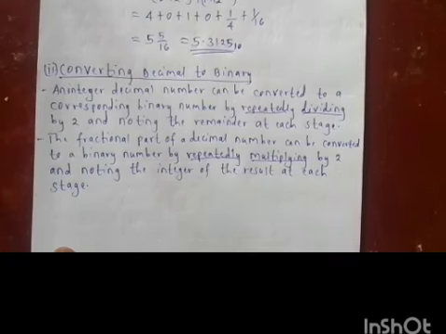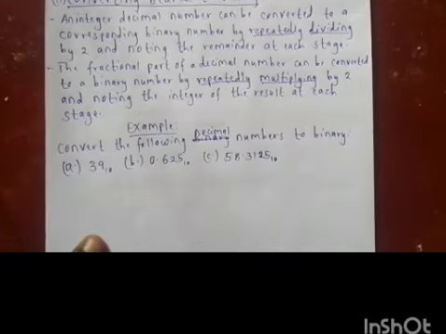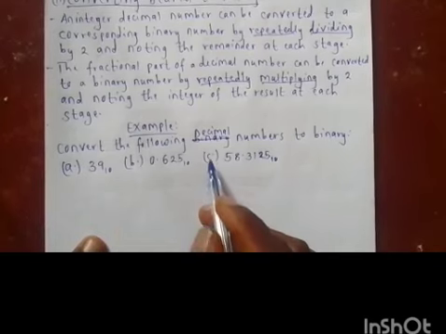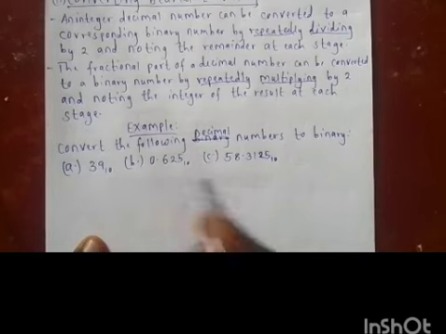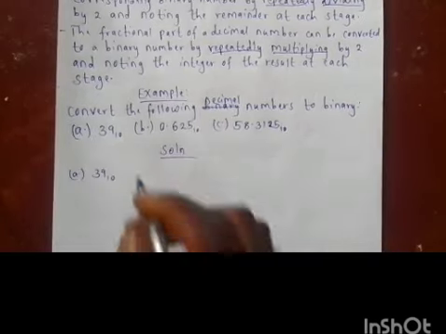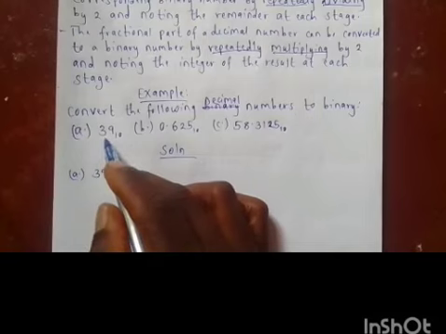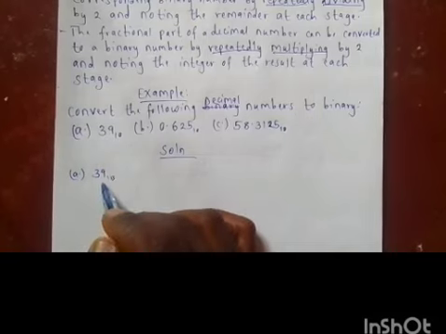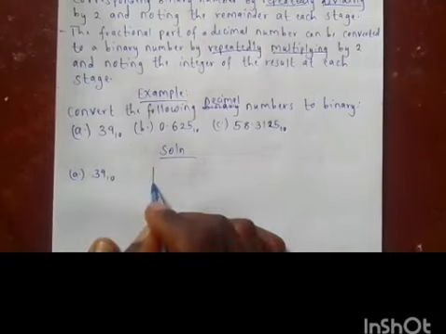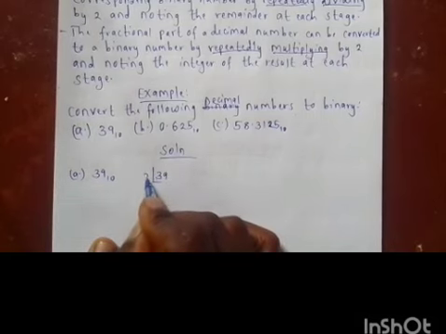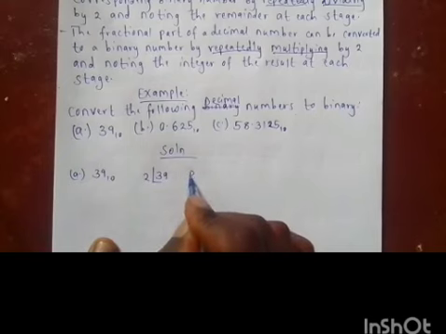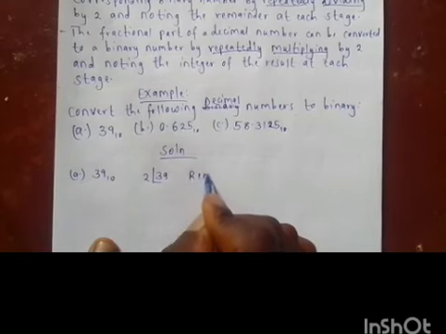You are told to convert the following decimal numbers to binary. Here are the numbers. So let us see. The first number consists of an integer, that is 39. So we divide by 2 and here we note the remainder.